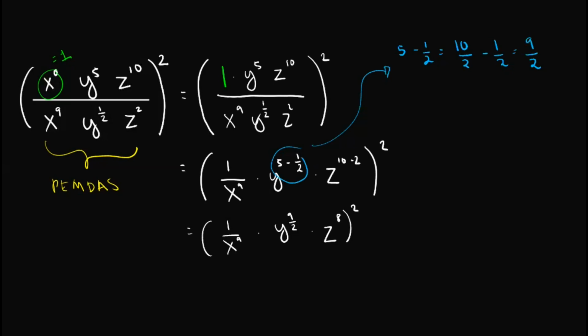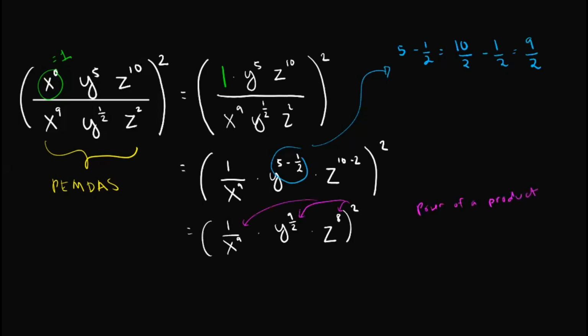And then simplifying this further, we can now apply the power of a product law. So that's basically distribute this one to all of these products. So let's set this up. Power of a product.